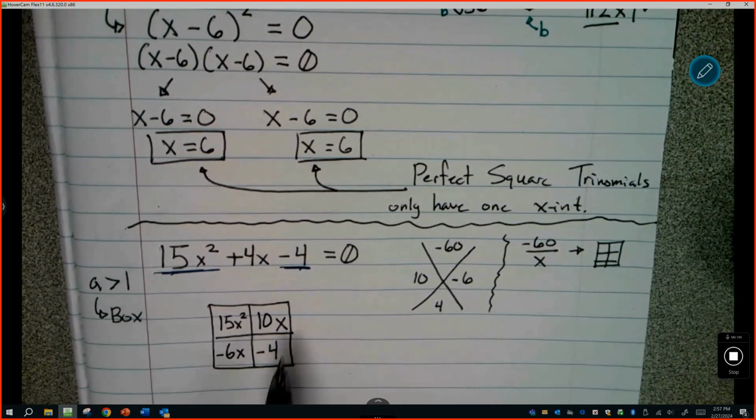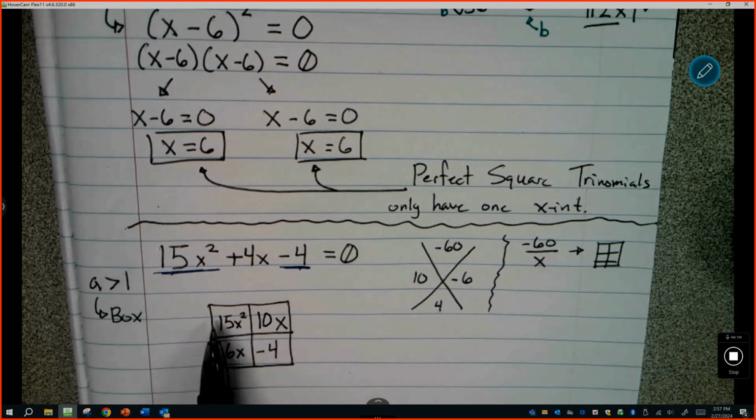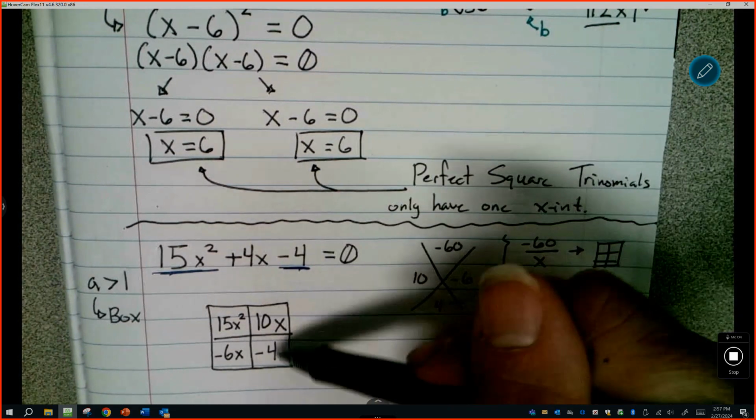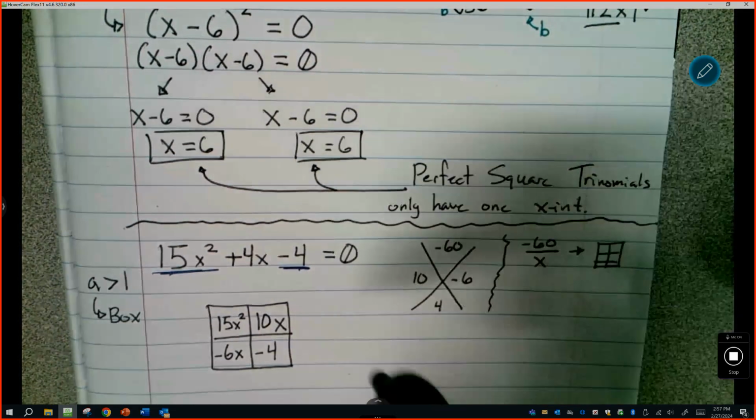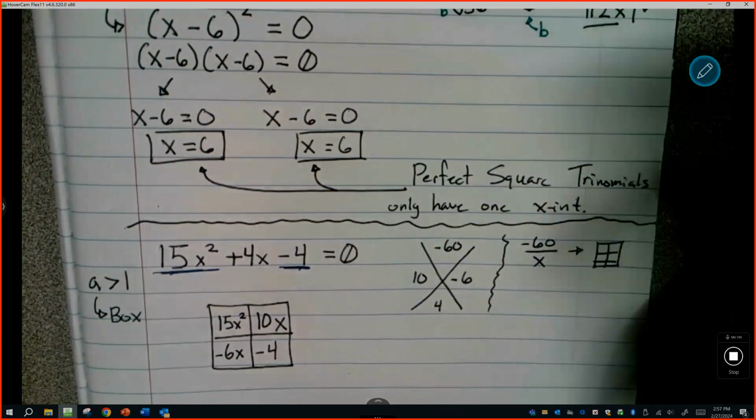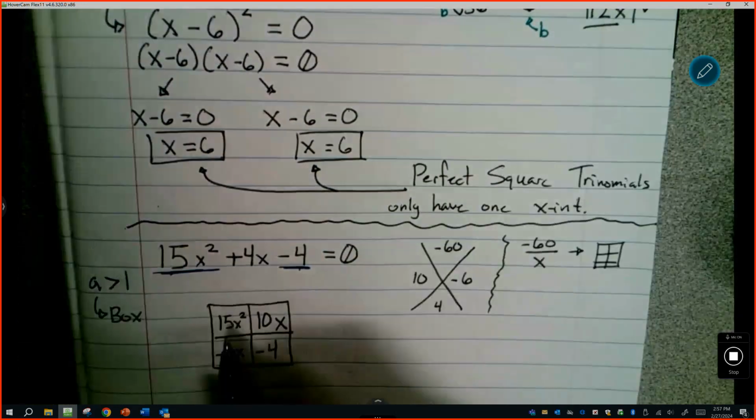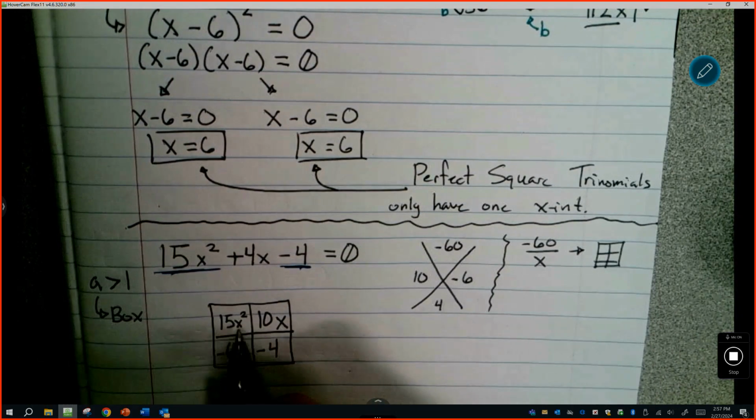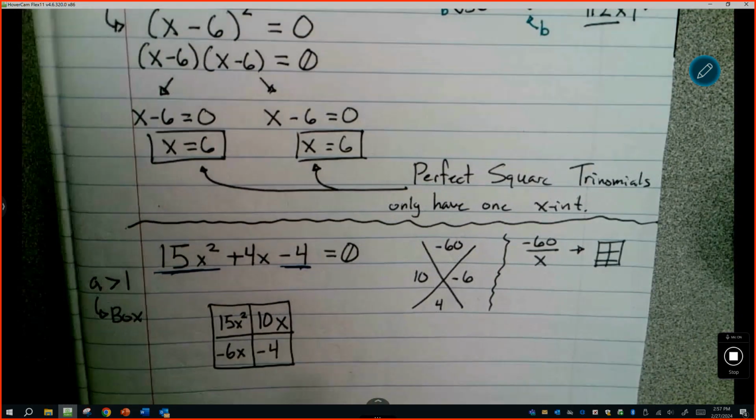To find the factors, we're going to figure out what are my GCFs of each row and the GCFs of each column, so that way we can see the factors on the outside of the box. Okay, first row, 15x squared and 10x.